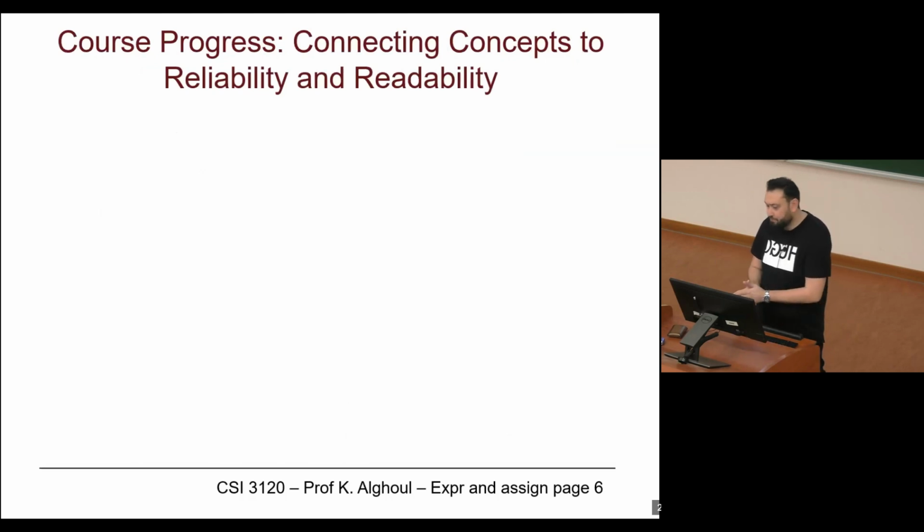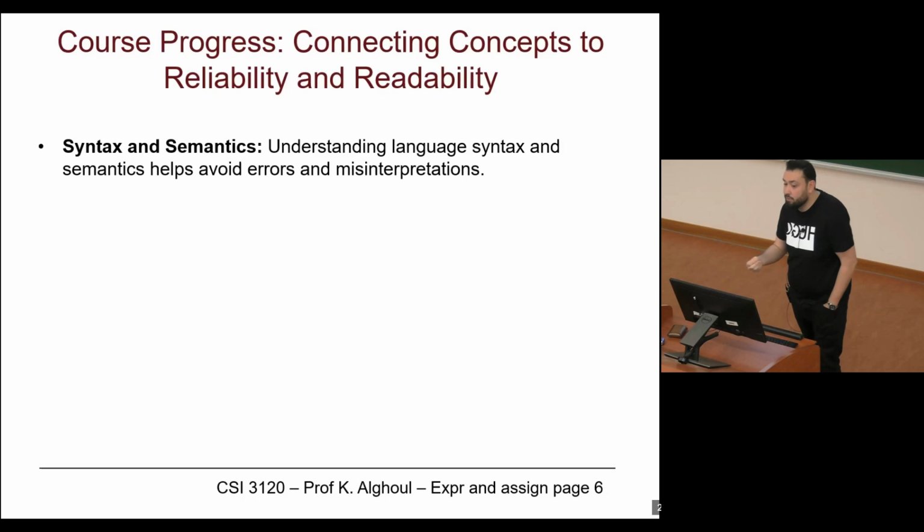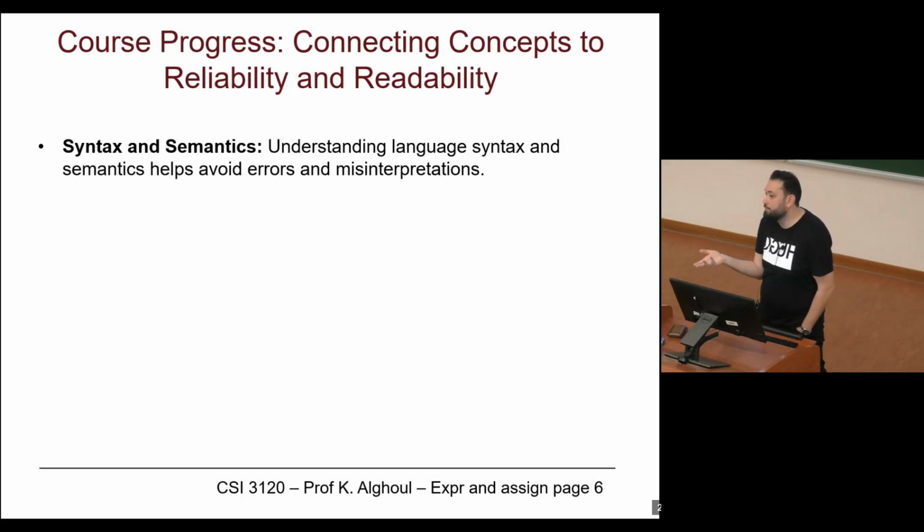Now, if I want to connect reliability and readability, thanks to the chapters that we've learned. We talked about syntax and semantics, right? Like the first 3 chapters, we covered syntax and semantics, and understanding these will help us avoid errors and misinterpretation. Who can give me an example? How can understanding the language syntax or semantics help us avoid errors and misinterpretation?